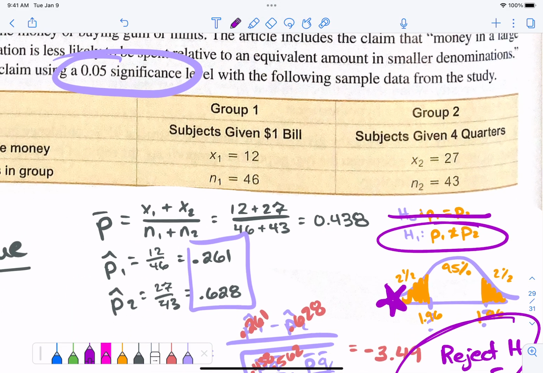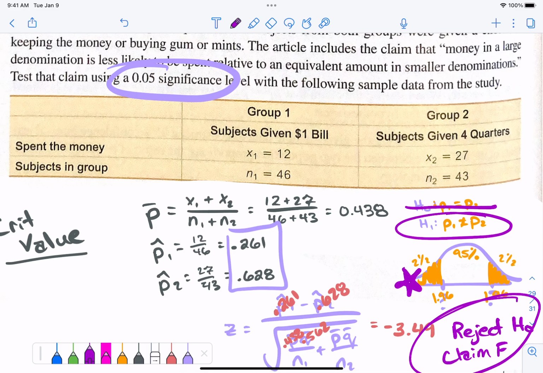Okay, so you're looking for the rate of money spent, right? Which one's more likely to be spent: four quarters instead of a dollar bill? Do you think that's true? No, my quarters sit in my wallet forever, and I spend dollars.